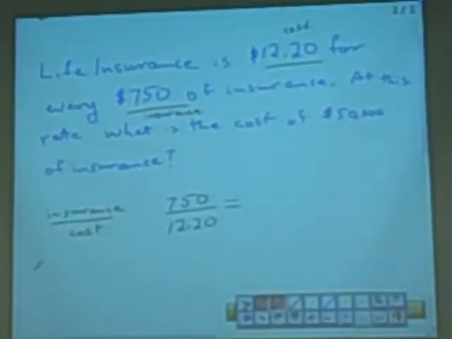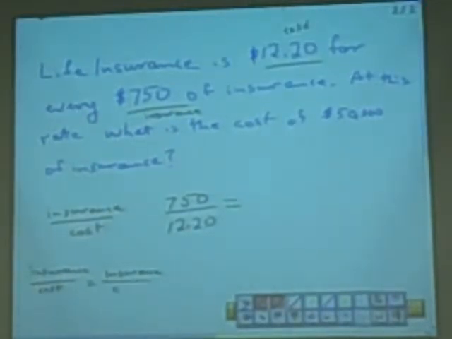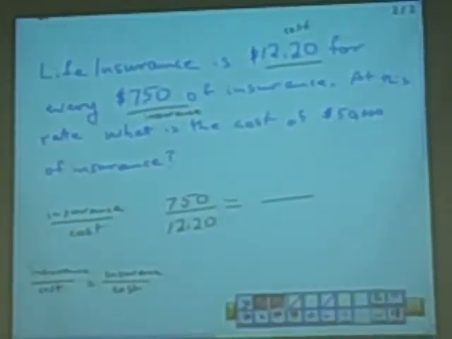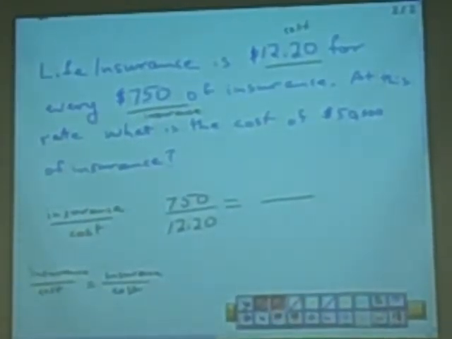So what we're looking at here is insurance over cost for the first half equals insurance over cost for the second half of the problem. So what do you think is going to go here in the numerator? 50,000.